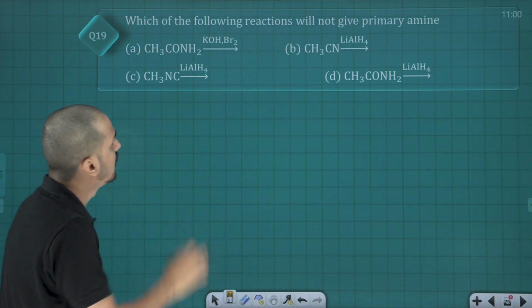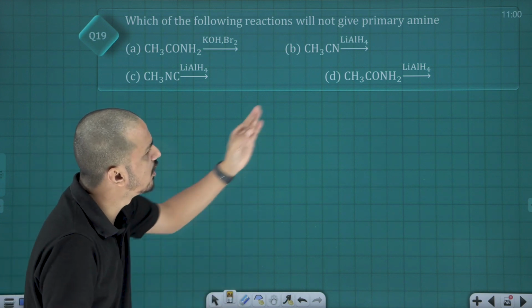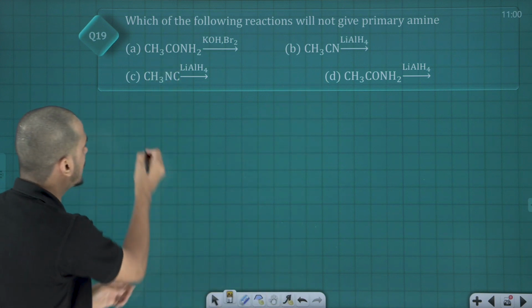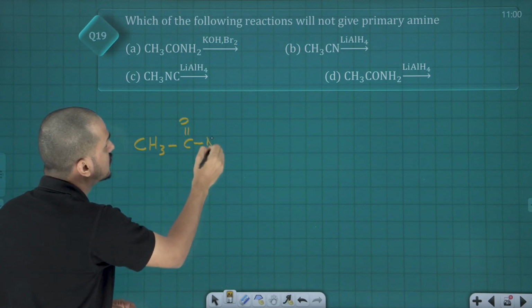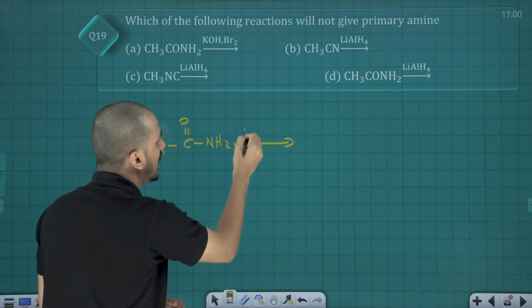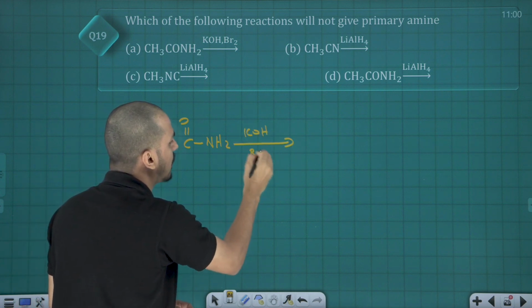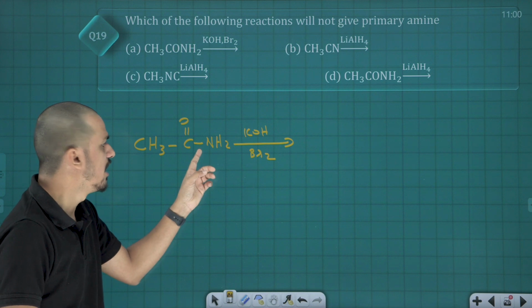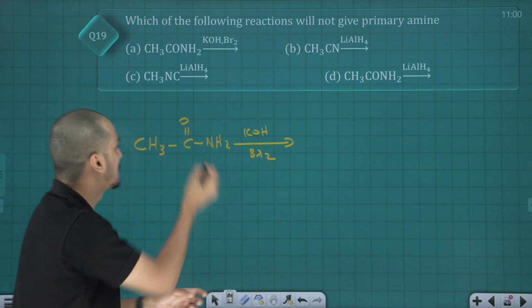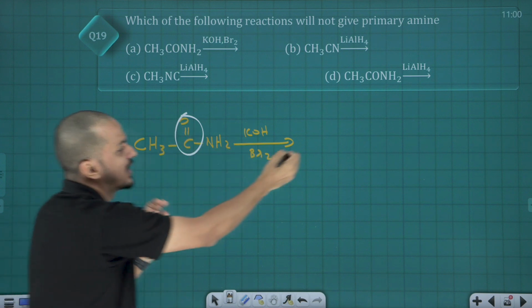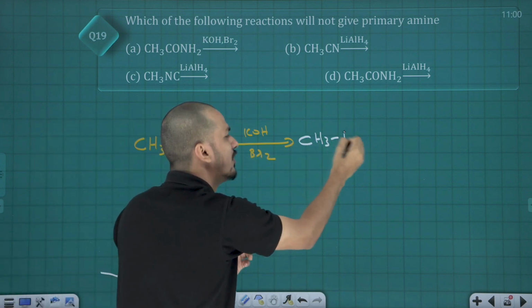Okay, see, next one. Which of the following reactions will not give a primary amine? What about option A? CH3 C double bond O NH2, which you are treating with alcoholic KOH and bromine. This is what is called the Hofmann bromamide degradation reaction. The CO we will eliminate, NH2 we will connect, CH3NH2, you will get an amine.